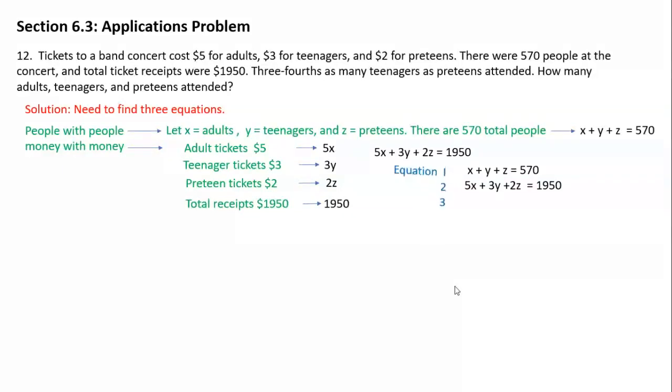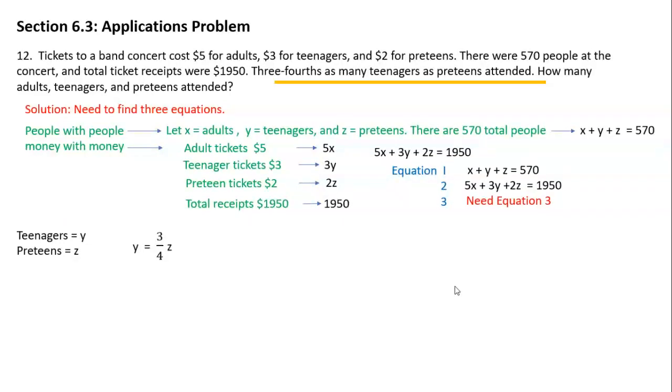All right, so what does this mean? My third equation is needed, right? This is what I just read. This is where I'm going to get that third line. If I know that teenagers are y and preteens are z, what they're saying is that three-fourths as many teenagers as preteens attended.